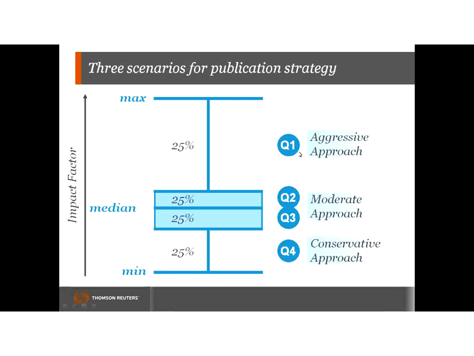Clearly, Q1 is an aggressive approach. It may take 2, 3, sometimes 4 years to be accepted in those top journals. And when you're happy you got accepted, they may ask you to write the article again because it may have to be adapted. Q2 and Q3 are a moderate approach, and Q4 a very conservative approach.